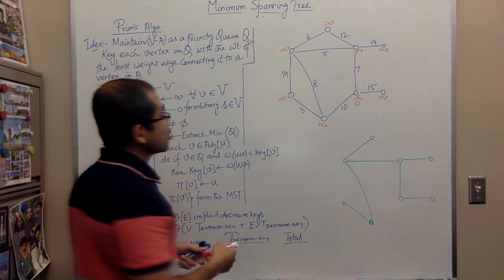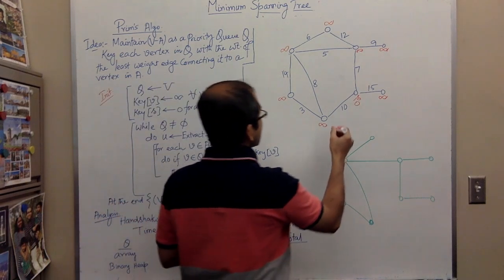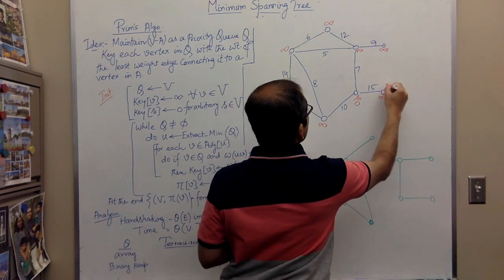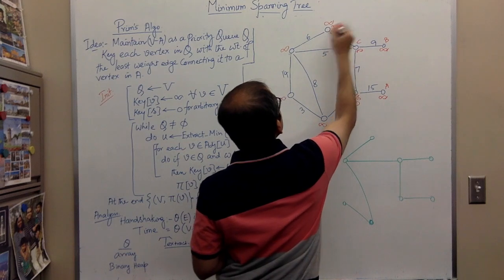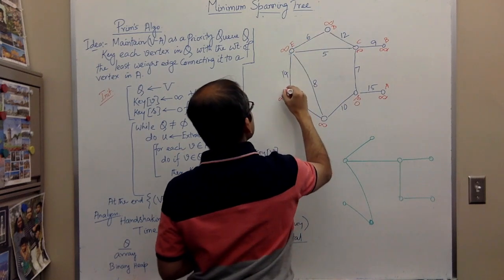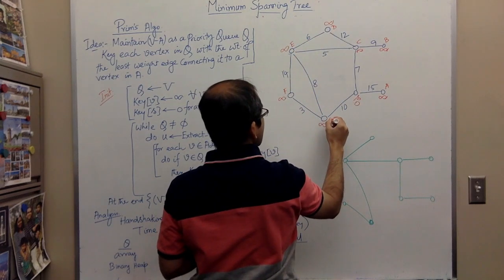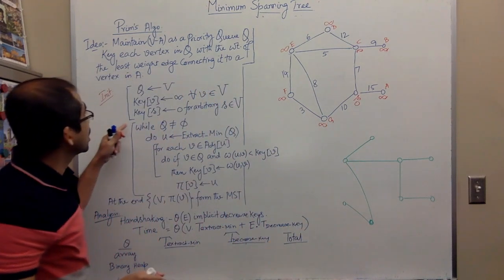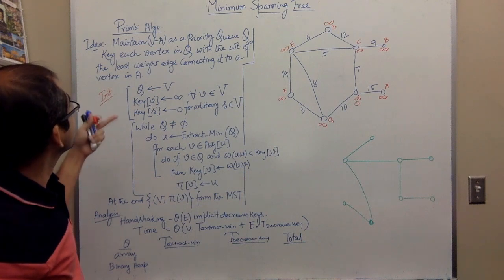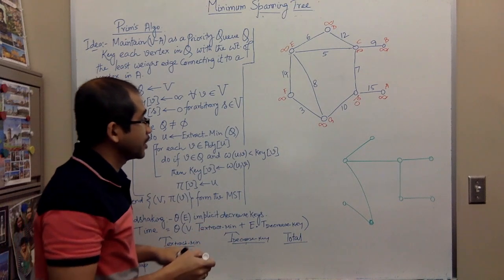Now we can even name them: this is A, this is B, this is C, this is D, this is E, this is F, and this is G. So we key their edge weights as infinity.